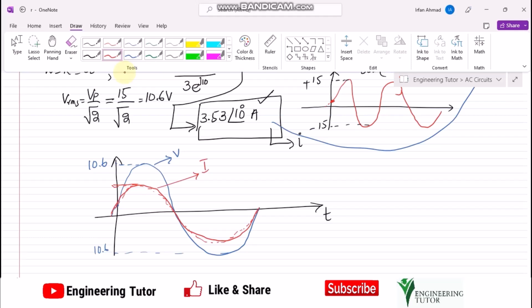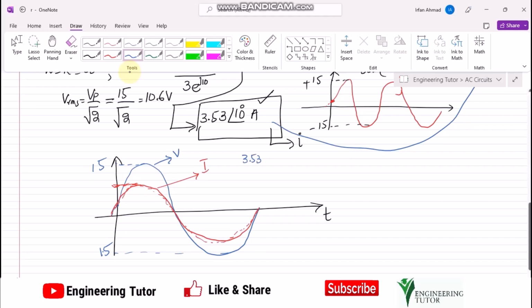These are not the peak values. Let me make a correction here. This 10.6 was basically the RMS value, so here it is basically 15, and this is also 15. The peak value associated with this one, as the value of the RMS here is 3.53.